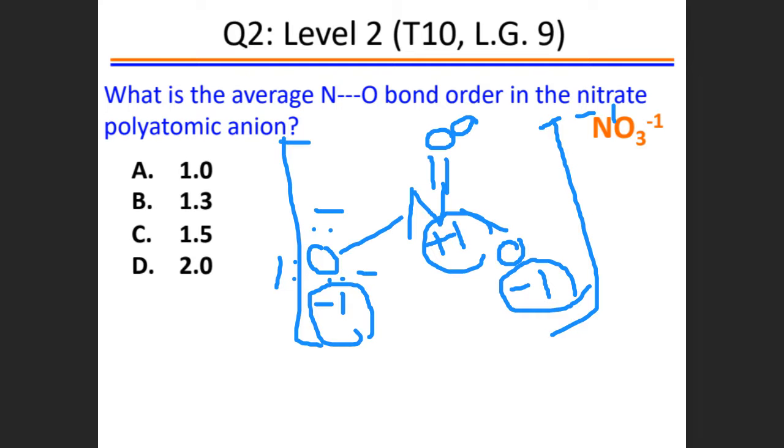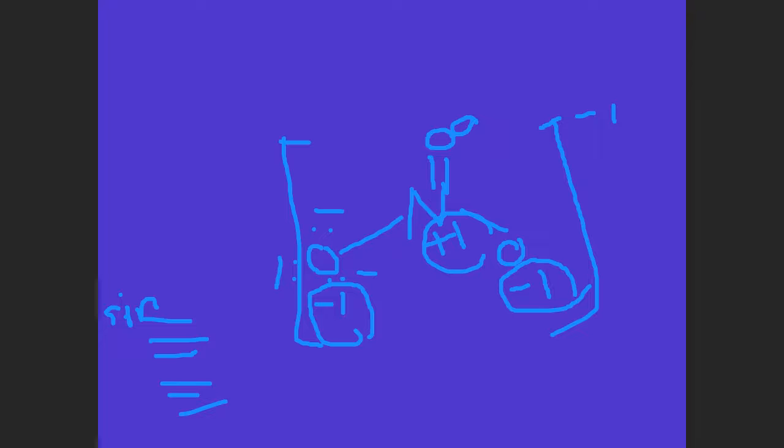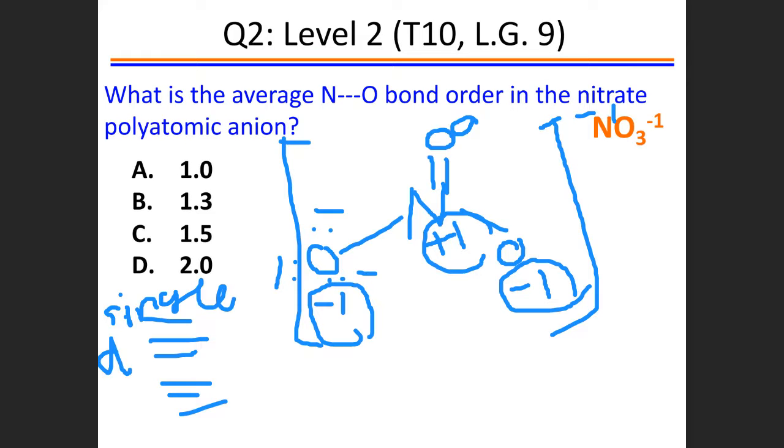What you have to learn here is single bond, double bond, and triple bond. This is a single bond, this is the double bond, and this is the triple bond.